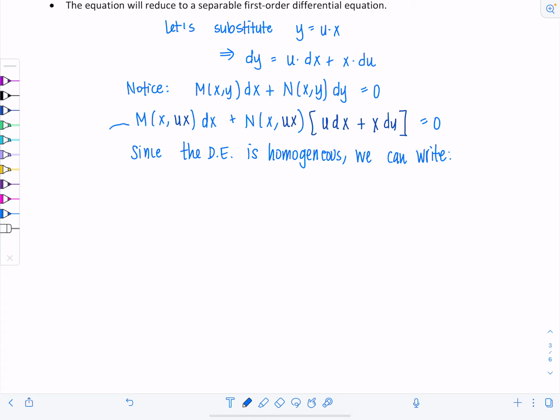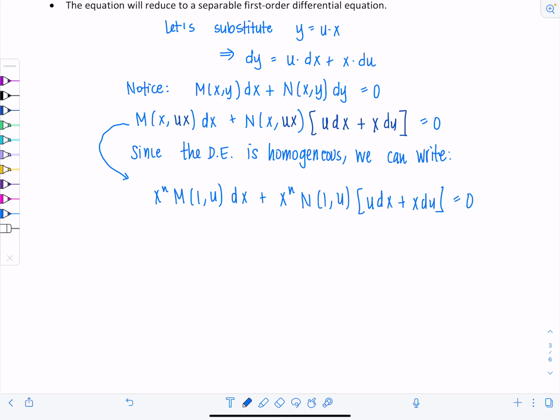So I can rewrite this now as x to the n times m of 1 comma u dx plus x to the n times capital N of 1 comma u, and then I still have u dx plus x du equaling 0. Remember that was that property of homogeneous functions that we went over previously.